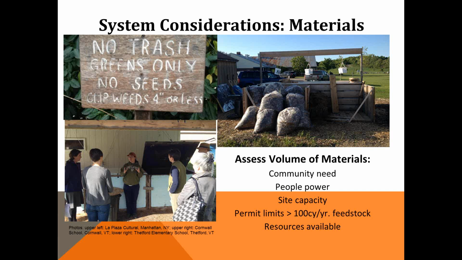You really want to make sure that you have enough carbon sources to match your food scraps, enough people power to turn and aerate and manage the site. And then what's your room at your composting area? Do you have enough space for your composting needs? Remember, you can always grow. And then we have permit issues, and Natasha will go over those at the end of this presentation.